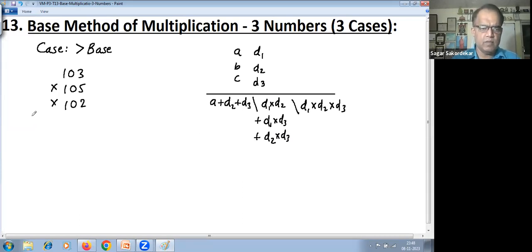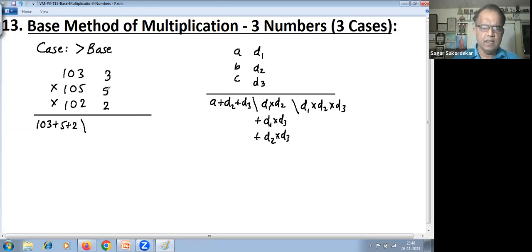So let's find the differences first. Difference finding for above base is very simple. Just ignore the 1, and that gives you the difference. This is 3, this is 5, and this is 2. As per this, take the first number 103 plus the difference of the other two, 5 plus 2.